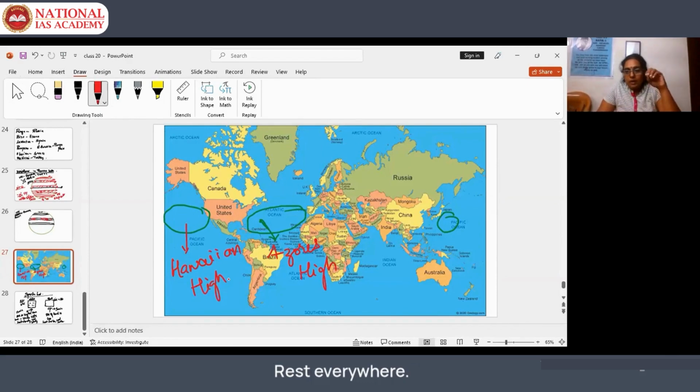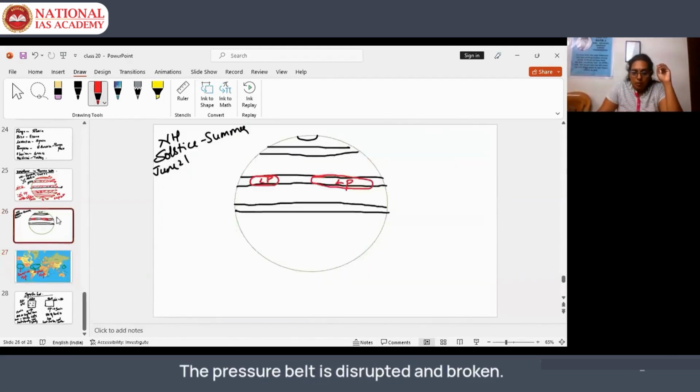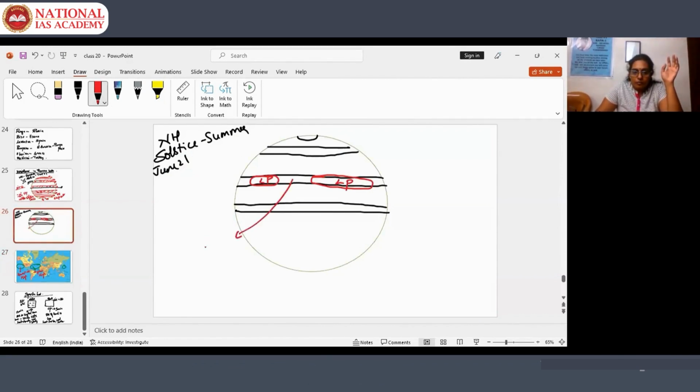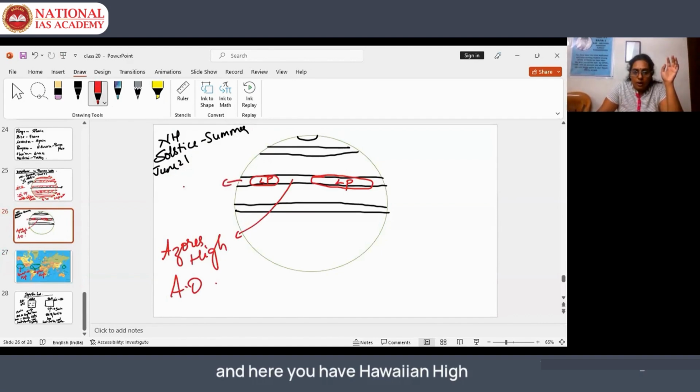Everywhere else, the pressure belt is disrupted and broken. It is absent. So here you have the Azores High in the Atlantic Ocean, and here you have the Hawaiian High in the Pacific Ocean.